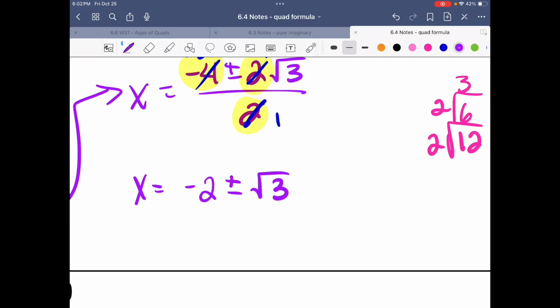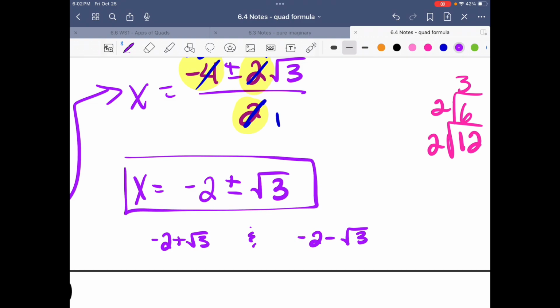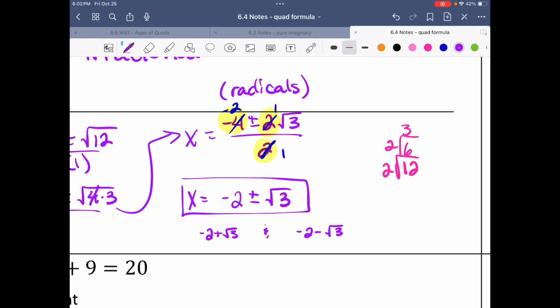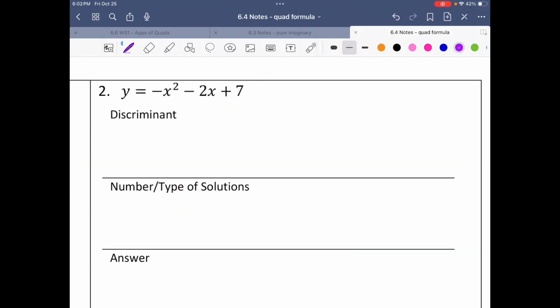Now this counts as 2 solutions. It's negative 2 plus the square root of 3 and negative 2 minus the square root of 3, but you can leave it like that. Get the equation to equal 0.